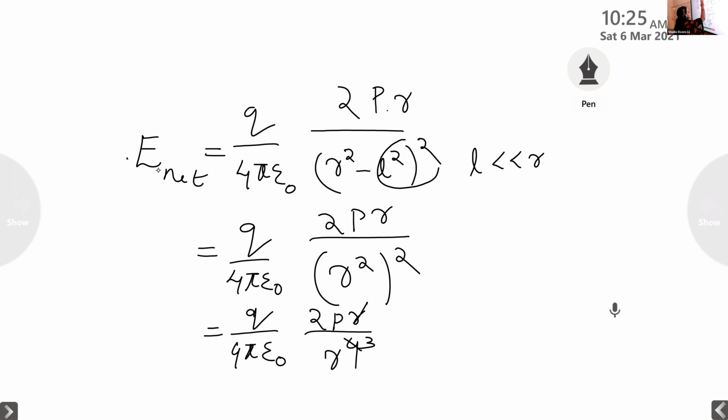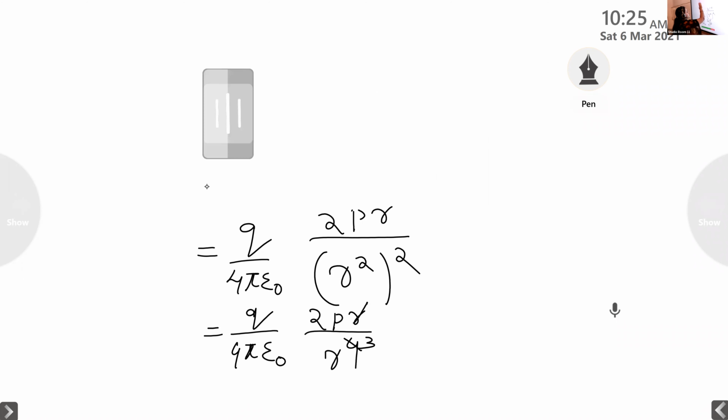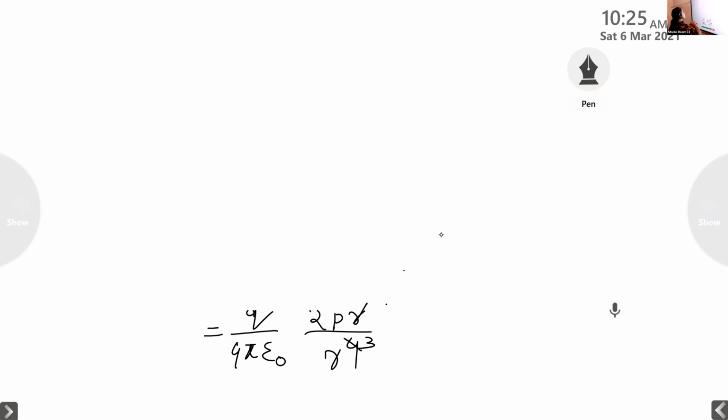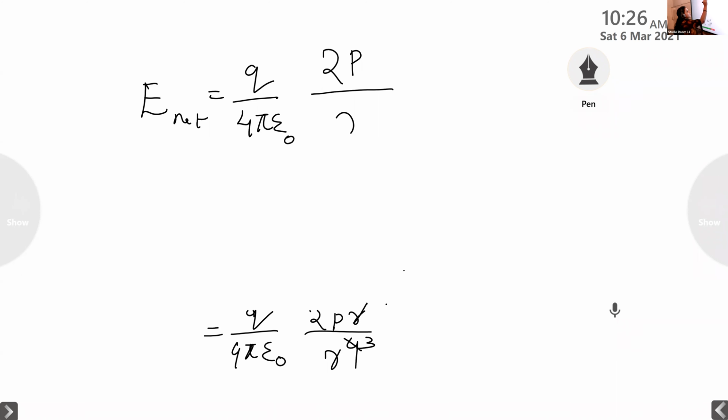So what happens to our net electric field? The net electric field is equal to 1 by 4 pi epsilon 0 into 2p divided by r cube. In the numerator that r got cancelled. This is our final equation.